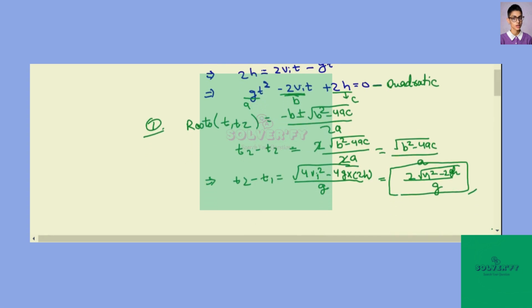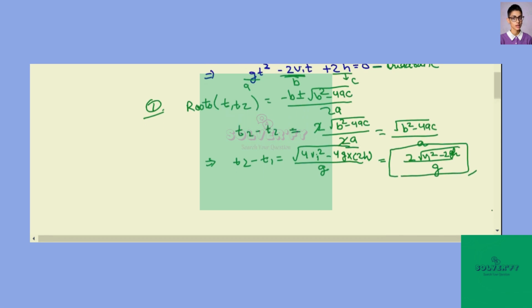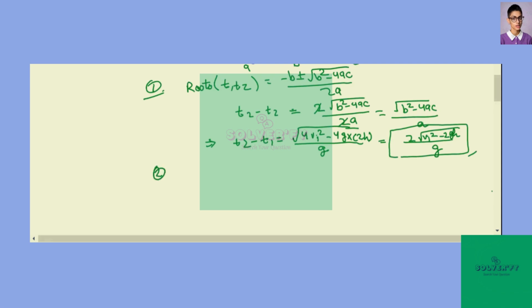Now for the second part, it is asking for the velocity vf. This can be derived from the equation v square equals u square plus 2as. We know this formula. In this case, u is vi, a is g, and s is h.